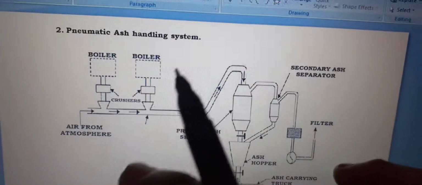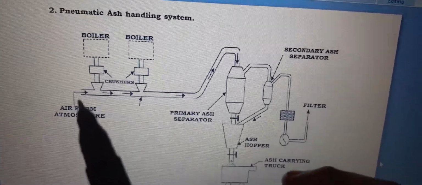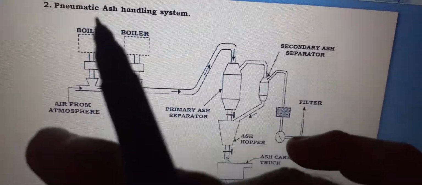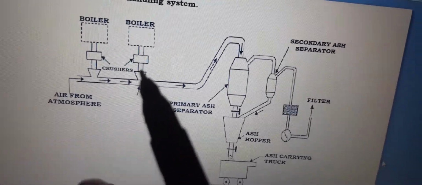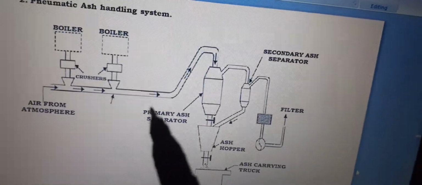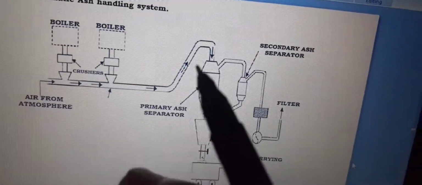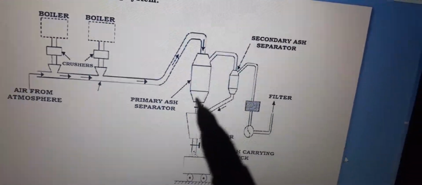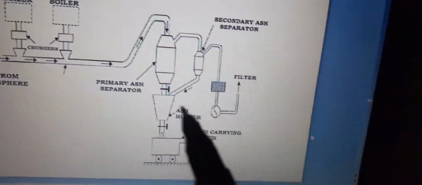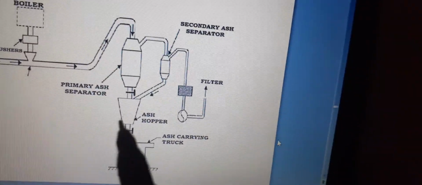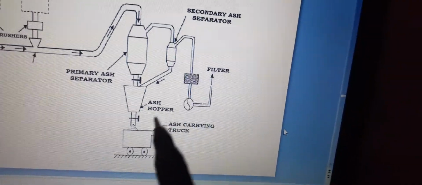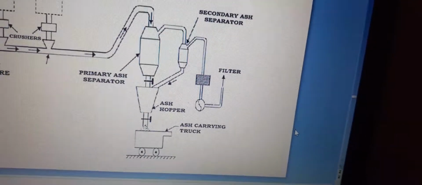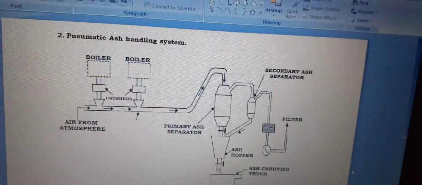Then pneumatic ash handling: you can see the air from the atmosphere enters, and these are the boilers and crushers which crush the coal fed. You can see the primary ash separator which separates the ash to one side, and the ash hoppers here, and it is fed into the truck or loaded.